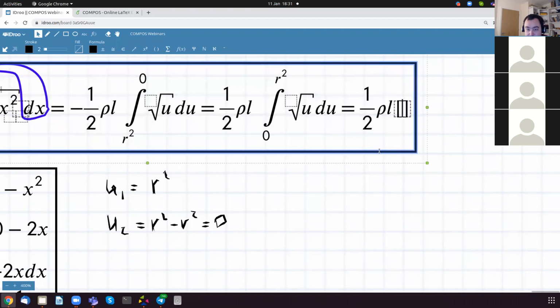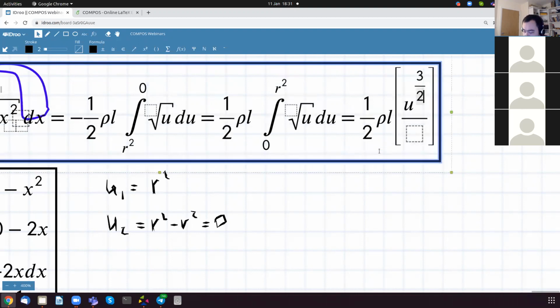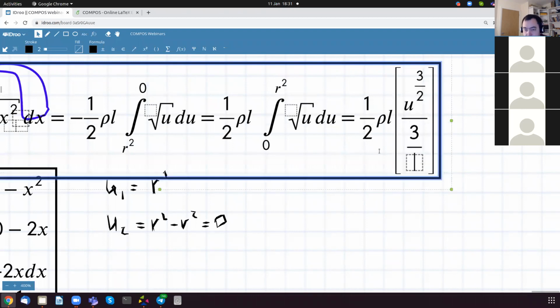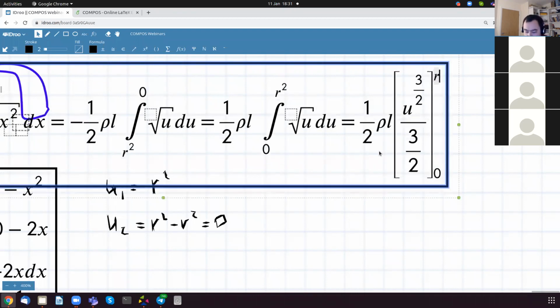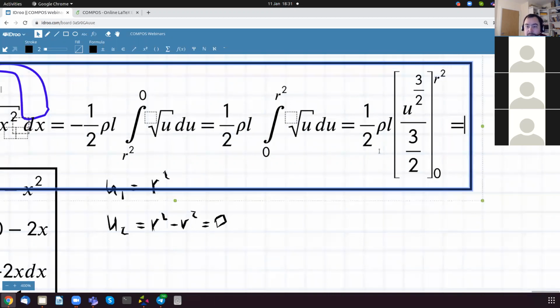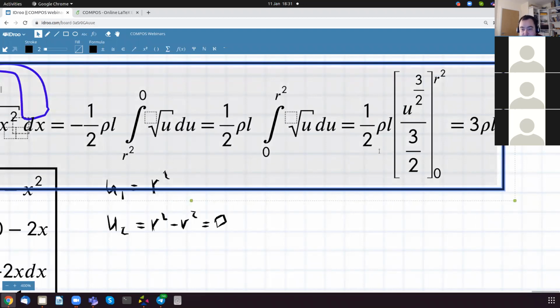So it's going to be u to the power 3/2, divided by 3/2, and between limits 0 and r squared is equal to 3 rho L. So the half cancels out, the 3 goes on top, and then we have r squared to the power 3/2.